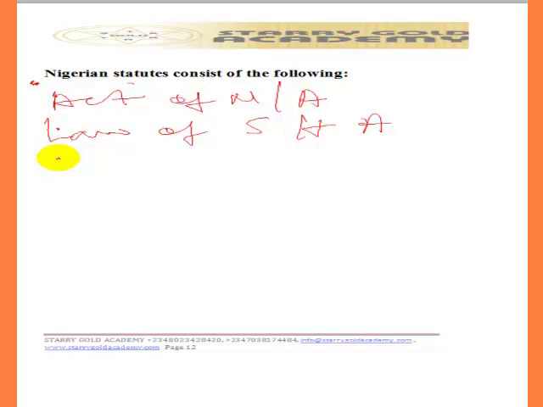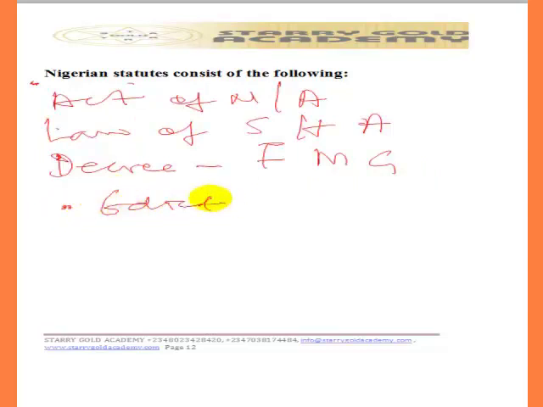We have the decree, which is a law made by the federal military government. And we have the edict, which is a law made by the state military government. So these are examples of statutes we have in Nigeria, which we are still making use of today.